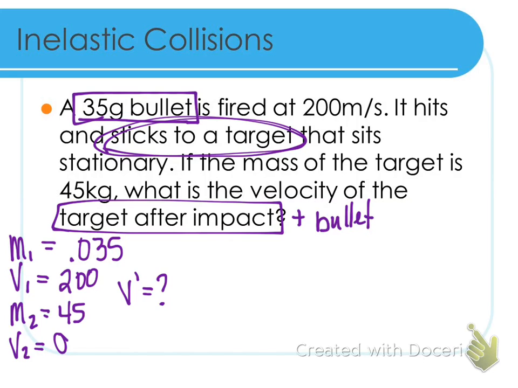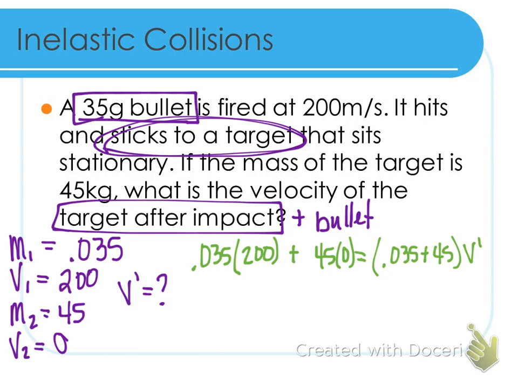Okay, so let's go ahead and start plugging some numbers in here. 0.035 times 200 plus 45 times 0 equals 0.035 plus 45 times V prime.